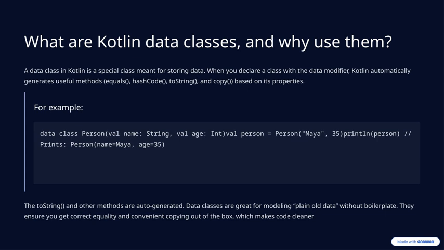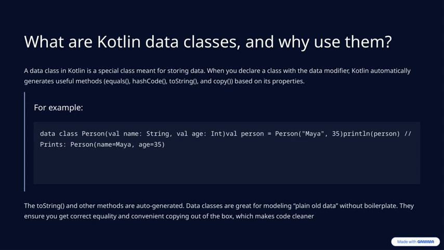If I create a Person instance like this, person = Person("Maya", 35), and then print that person, it will give me a neatly formatted string like Person(name=Maya, age=35). What's really handy is that methods like toString are auto-generated, so I don't have to write them myself.